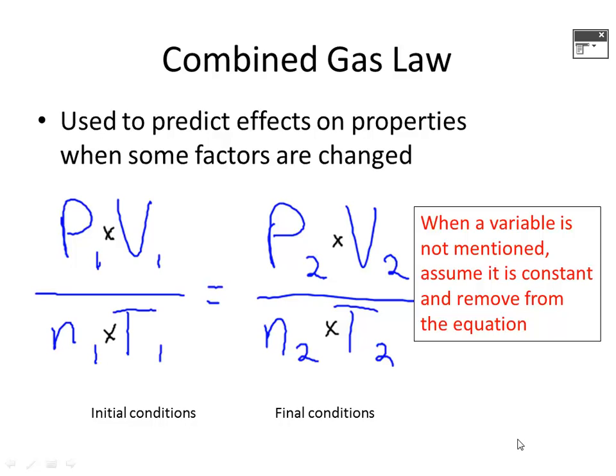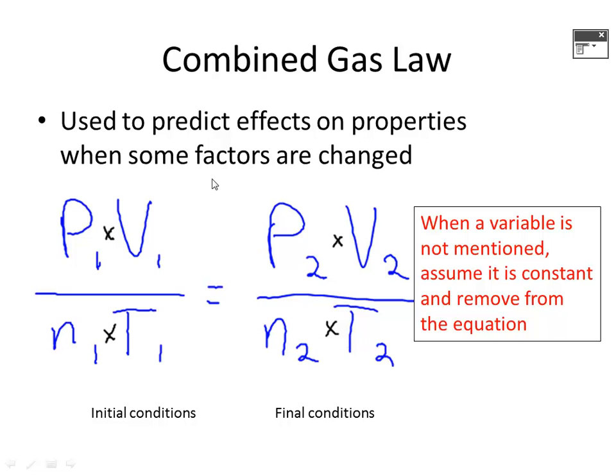So the first law we're going to learn is the combined gas law. This is used to predict how, if we change one property or multiple properties, the other factors change. The law is P1 times V1 over N1 times T1, those are our initial conditions, equals P2 times V2 over N2 times T2.